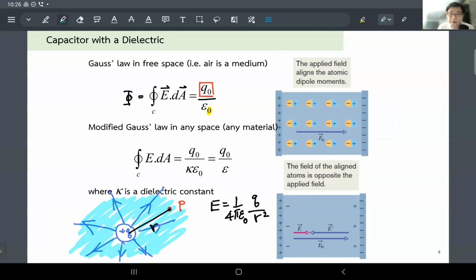So my answer is maybe too broad, just to take into account some possibility. But yes, they will try to align with the electric field. That's a good question actually.